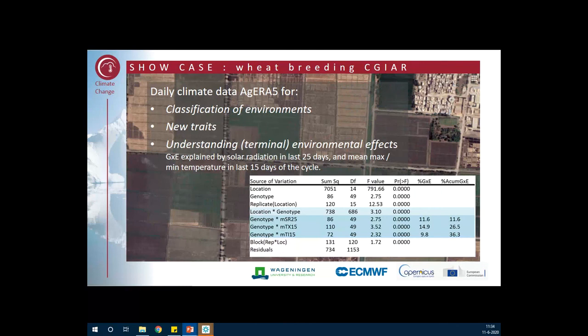And then you have things that in this case they focus on, for example, terminal meteorological effects, the meteorology in the last part of the growing season, where in this case the temperature and radiation in the last part of the growing cycle was very important in determining the overall yield for specific varieties of, in this case, wheat.